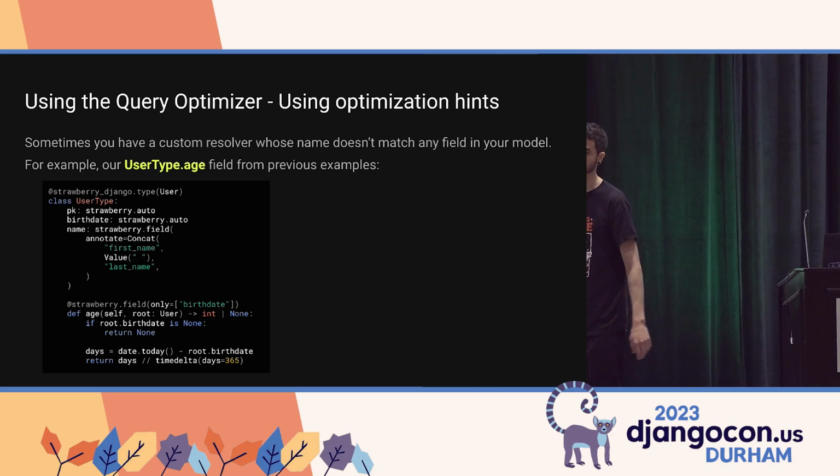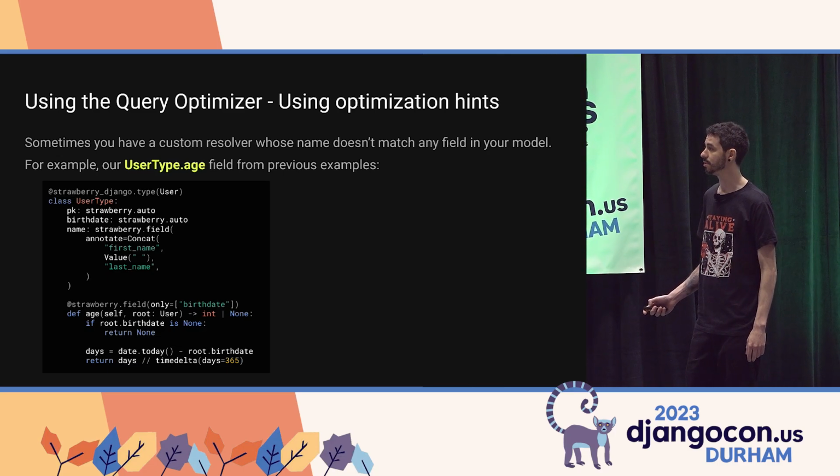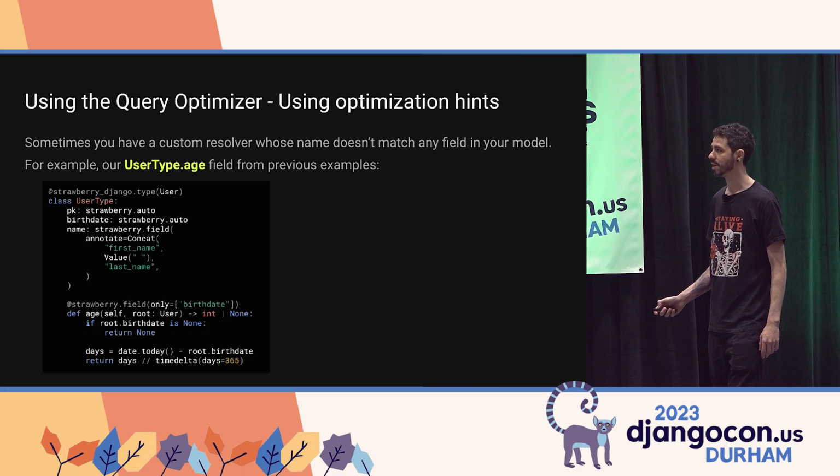You can also give it some optimization hints. So as I mentioned, for example, the name, I want to expose it as a string, and this is wrong. This should be a string equals to strawberry.field, and I am annotating it with concat.